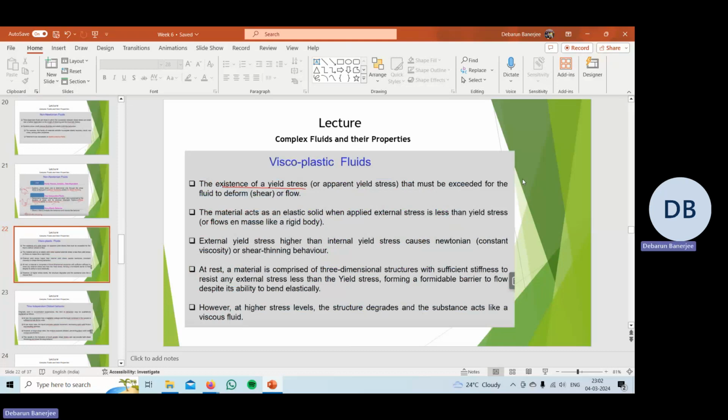The material acts as an elastic solid when the applied external stress is less than the yield stress, or flows like a mass, like a rigid body.